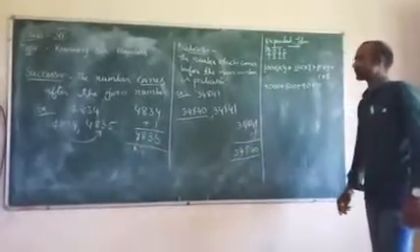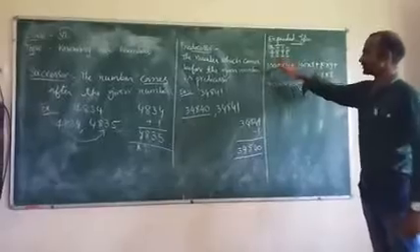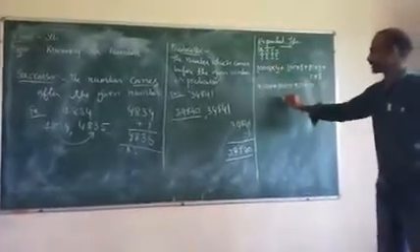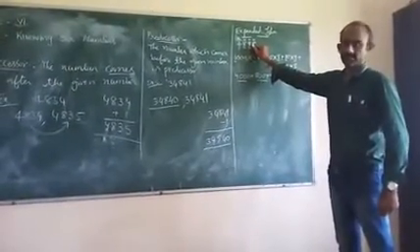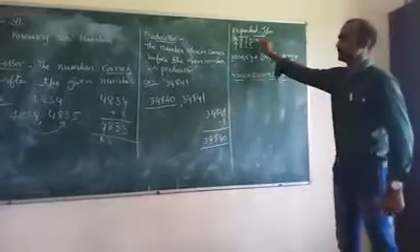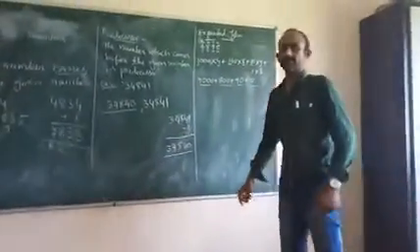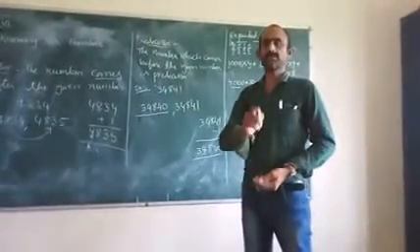What is the expanded form of 4, 8, 9, 8? 4 thousands are 4,000. 8 hundreds are 800. 9 tens are 90. 8 ones are 8. So the expanded form of 4, 8, 9, 8 is 4,000 plus 800 plus 90 plus 8.